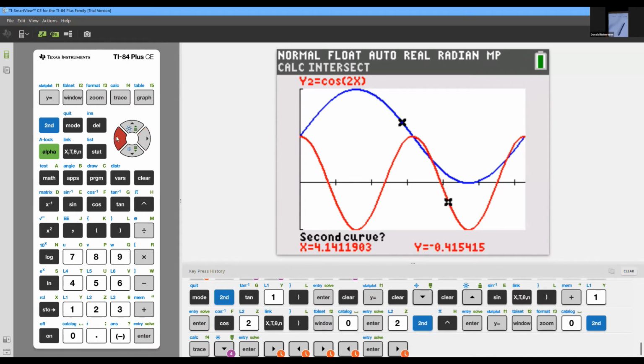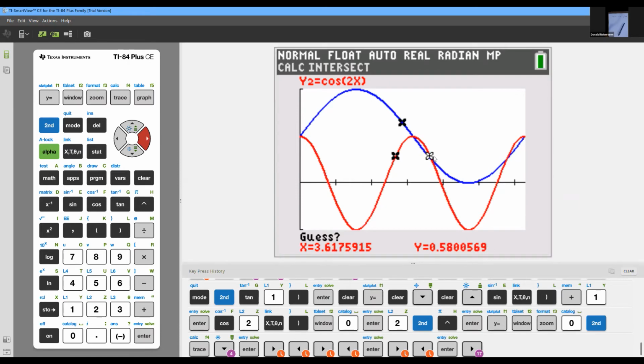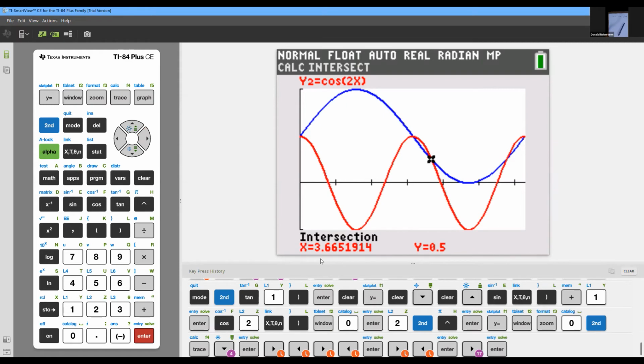And as I move my little cursor around, you see we're on the cosine one. So I'm going to hit enter. And now it says guess. So what I'm going to do is I'm going to move my cursor as close as I can to this one, because that's the one I wanted the answer to. And once I think I'm comfortable about how close I could get, I'll hit enter. And the answer will be 3.665.